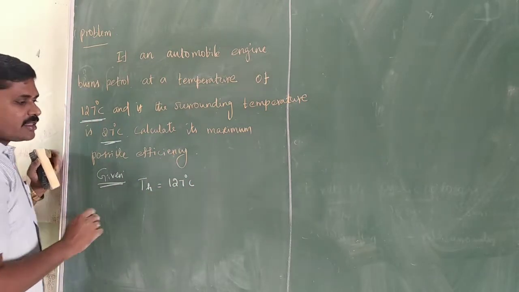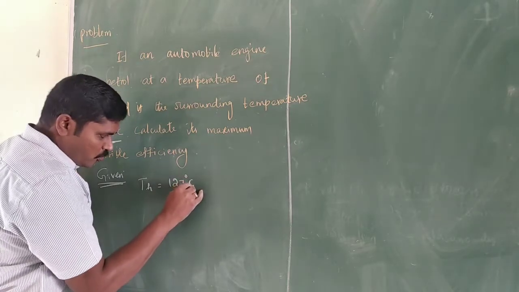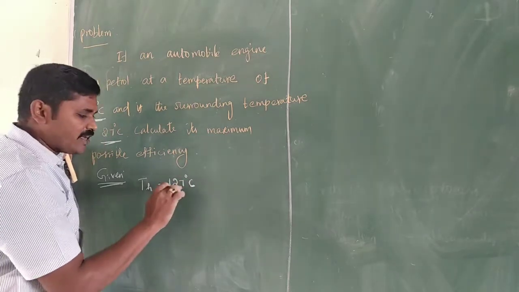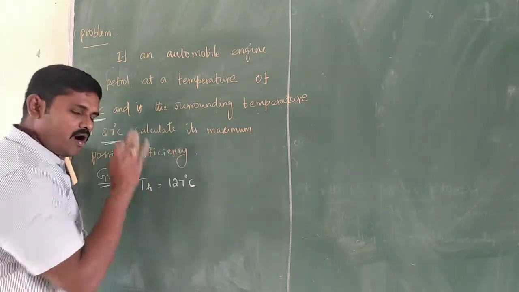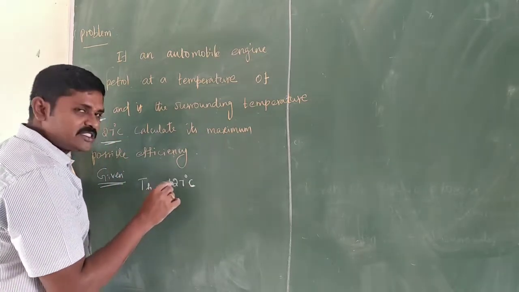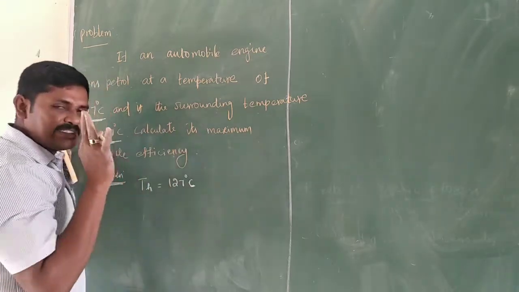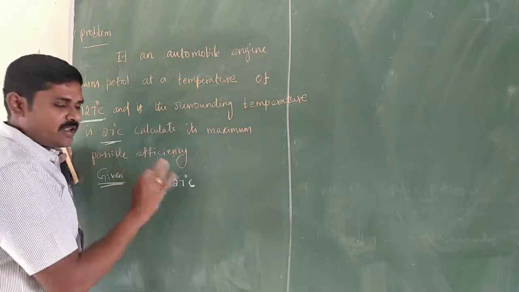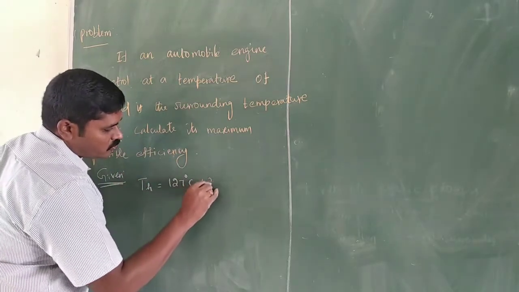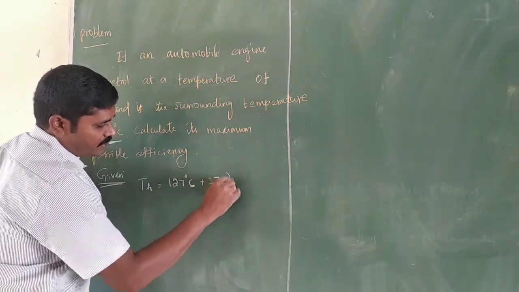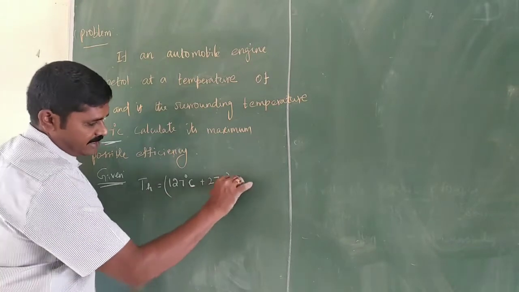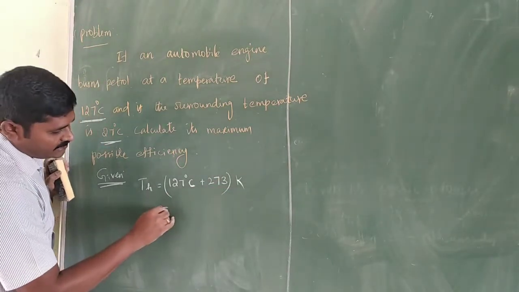In chemistry problems, degrees Celsius is converted into Kelvin, so we add 273 Kelvin.